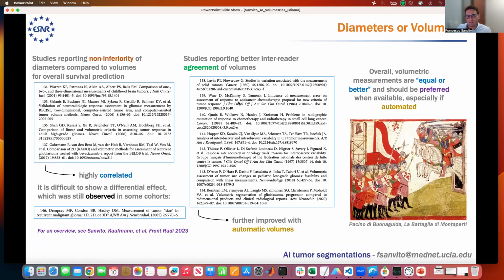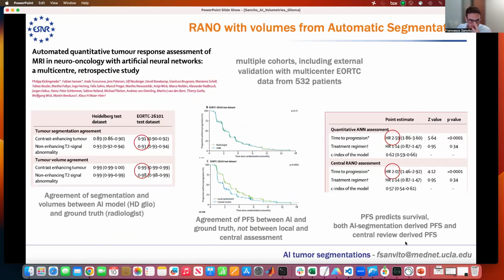But definitely, volumes are better in terms of interreader agreement, even when using semi-automated volumes, let alone automatic volumes, which really will erase the problem of interreader agreement completely. I think overall we can make the point that volumetric measurements are equal or better than diameters and should be preferred if available. Hopefully they will be more and more available.